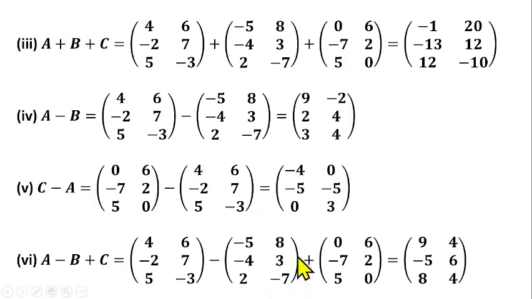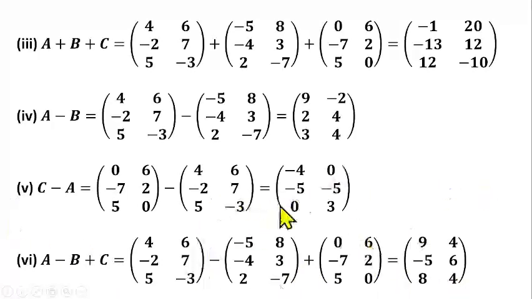Then 3 plus 5 gives us 8. Then minus 3 minus minus 7, what would that give you? That gives us 4. 4 plus 0 will give us 4.